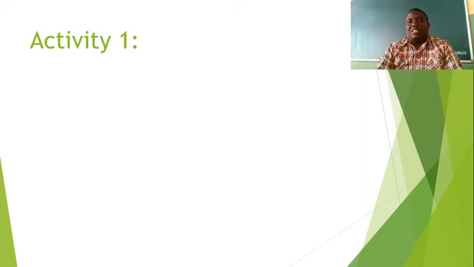Now we start with an activity, because last time I left you homework and I will collect it with the next one I am going to give you now. We are going to start with an activity so that we enter into the lesson with some background.